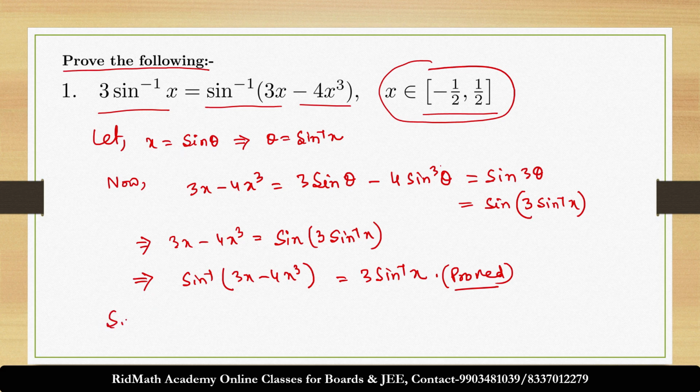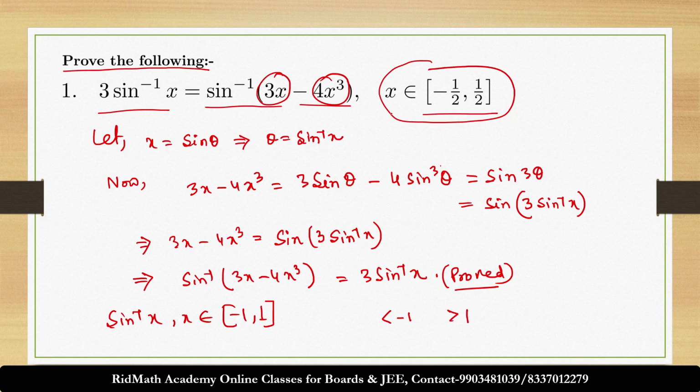Now see, if x does not belong to minus half to half, that means we know that for sin inverse x, x can be from minus 1 to 1. So for this, if x does not belong to minus half to half, then 3x minus 4x cube will be either less than minus 1 or greater than 1.